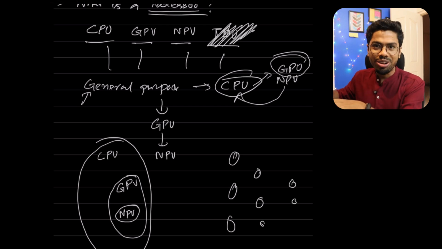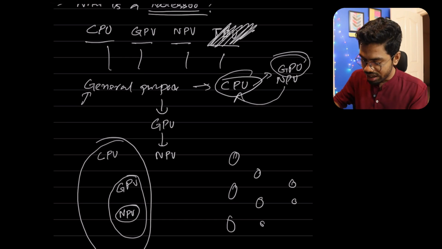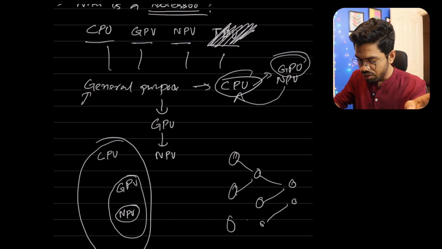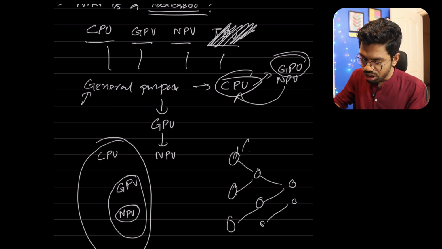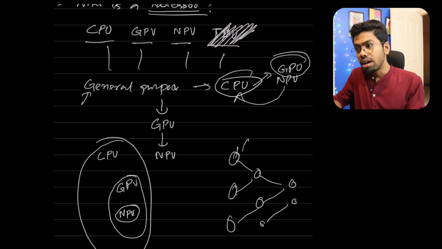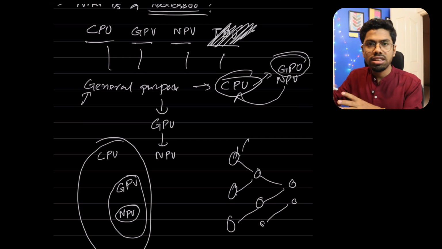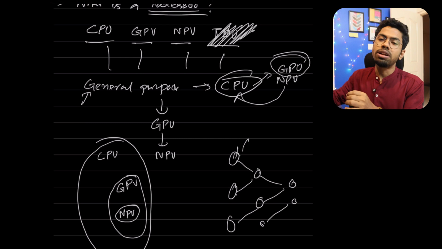I am not going to go there. If you know about it, it's great. If you don't know, it's also great, not required. To process these neurons, just ignore if you don't know, these are the neurons, this is the memory location. There we are repeatedly doing matrix multiplications, convolutions, and some other work. Those things need to be done multiple times.